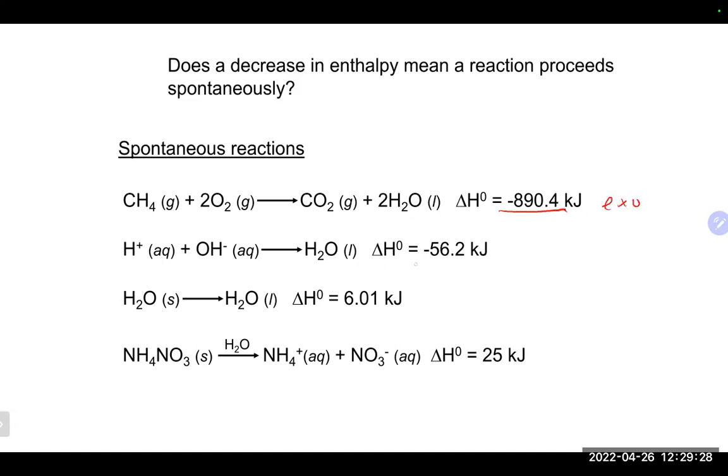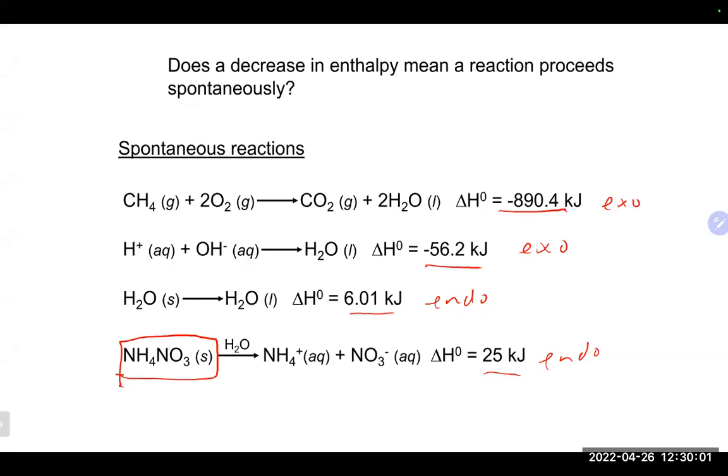We also have the formation of water, which overall is a negative delta H, which is exothermic. We have the melting of ice, which is obviously endothermic. And we have the dissolving of an ionic solid in water, also endothermic here. All these things occur naturally and spontaneously, right? If we took an ice cube out, you don't have to do a lot to it. It is just going to naturally pick up the energy from the air.